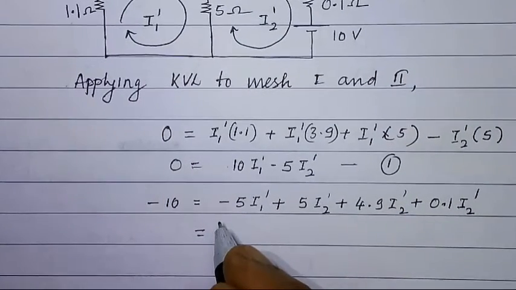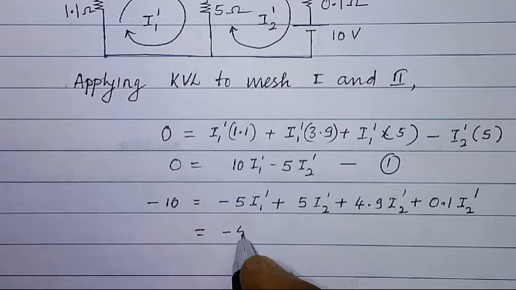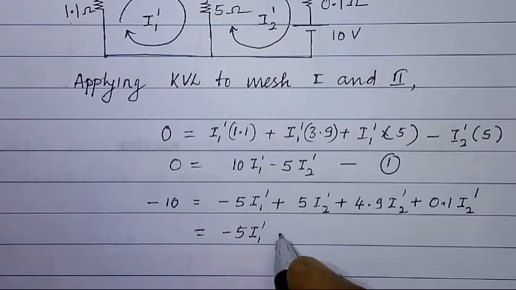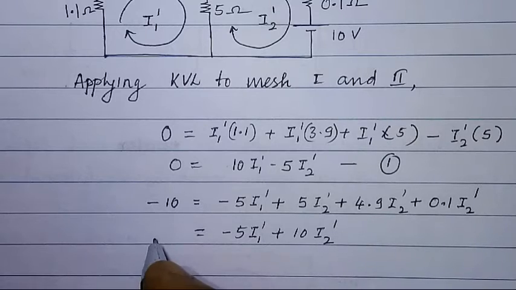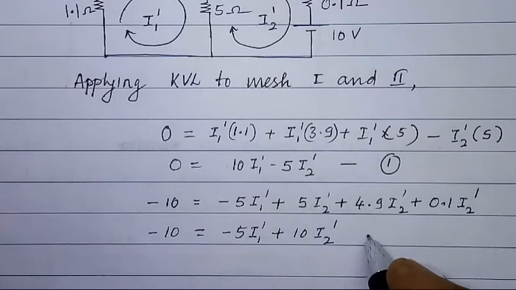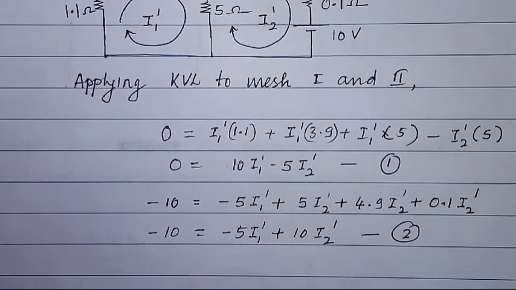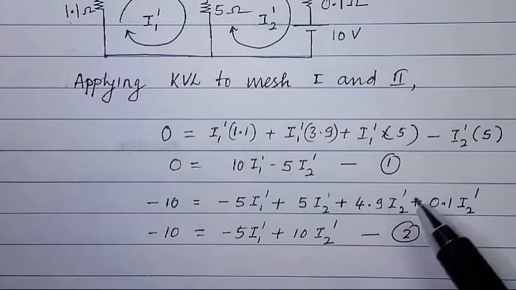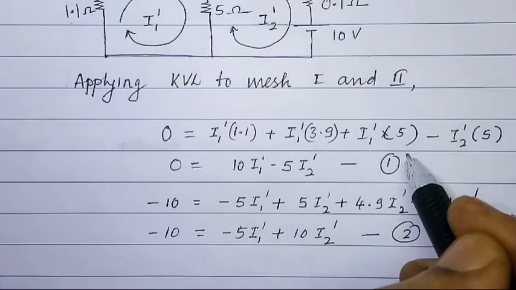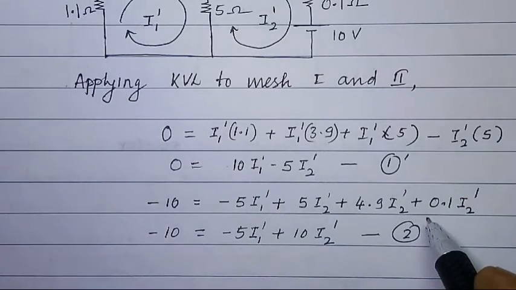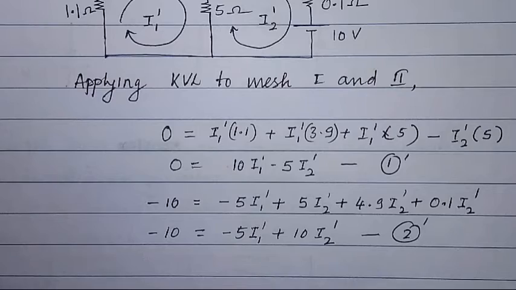Simplifying we get minus 5 I1 dash plus 10 I2 dash equal to minus 10, and let us call this as equation 2. Previous equations also I have called as 1 and 2, therefore I will make these as equations 1 dash and 2 dash.